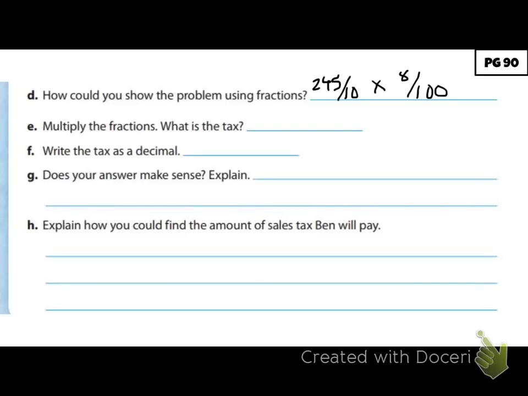E says, multiply the fractions. What is the tax? If we take 245 times 8, we would get 1,960, and 10 times 100 is 1,000. So, now we need to write it as a decimal. For us to get thousandths, we would have 3 decimal places.